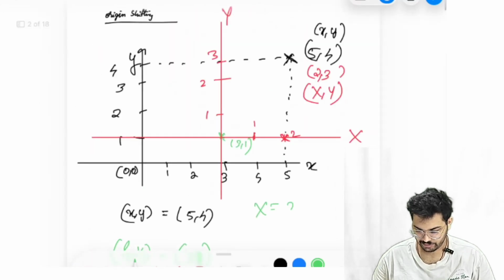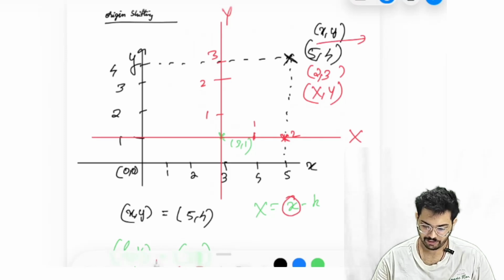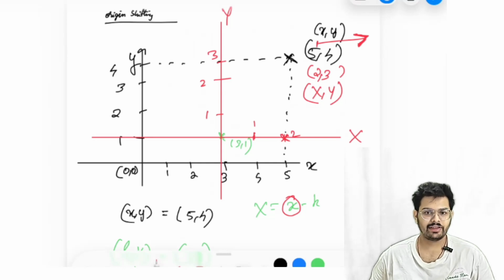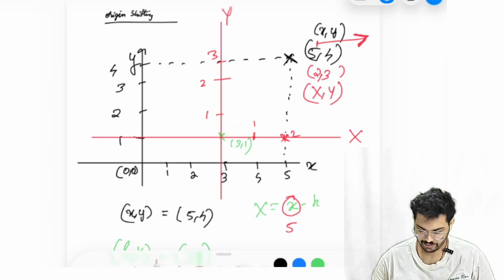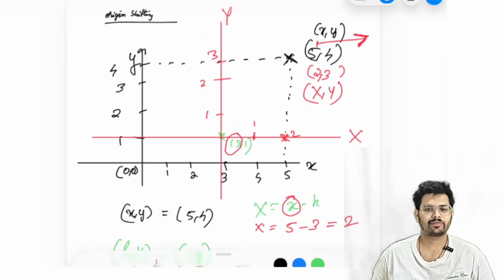Here, X equals small x minus h, where small x is the x coordinate of the point when 0 0 was the origin, that is 5, minus the x coordinate of the new origin, which is 3. That means you will get 2.